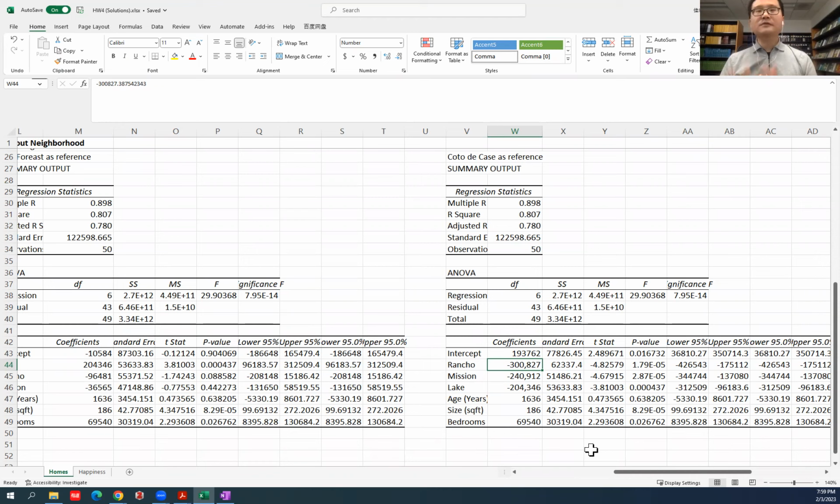So you're right that when making predictions, we do take this difference for each house in the prediction for these cities. It won't change. If we make another prediction about a house in Rancho Santa Margarita, we still use this coefficient to represent the difference between the value in the reference, Cota de Casa, and Rancho Santa Margarita.